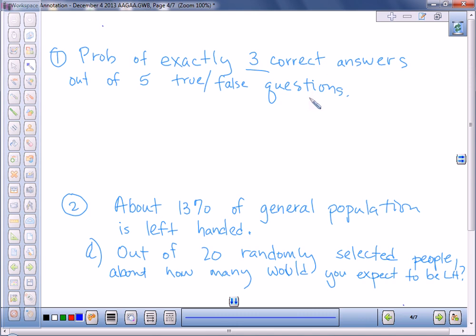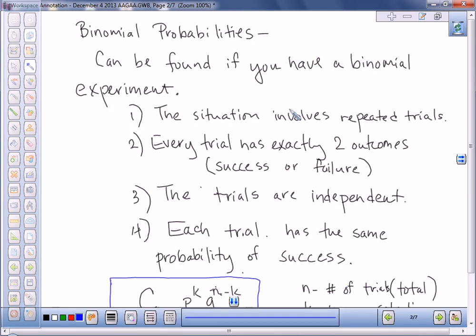If we look at our checklist, does the situation involve repeated trials? Yes, we have 5 questions. Does every trial have exactly 2 outcomes, success or failure? Yes, we get it right or wrong. Are the trials independent of each other? Yes. Does each trial have the same probability of success? Yes. This is a binomial probability problem.